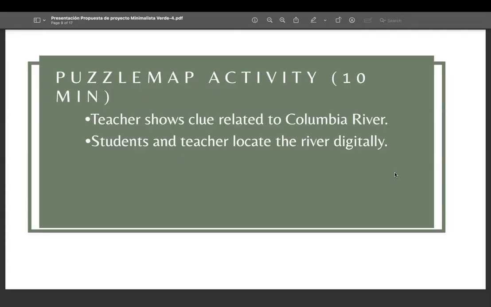We explain what it does: because of the Columbia River being there, it helps people go boating, picnics, and even fishing and hunting. But we deleted the hunting part because I think it wouldn't be really good for first graders. So we'll stay with fishing.